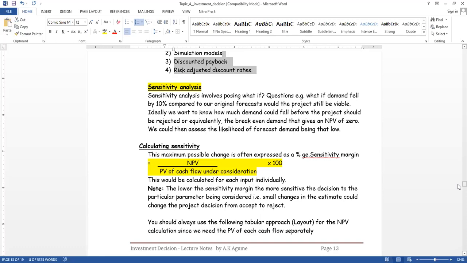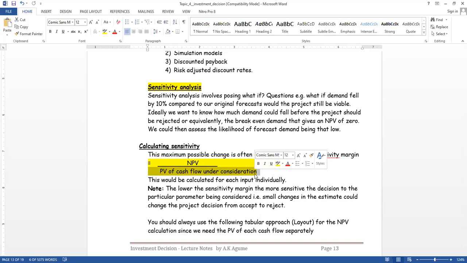we need to get the NPV of the project, and we divide by the present value of the cash flow under consideration. The present value of cash flows of all these other variables that we are looking at.